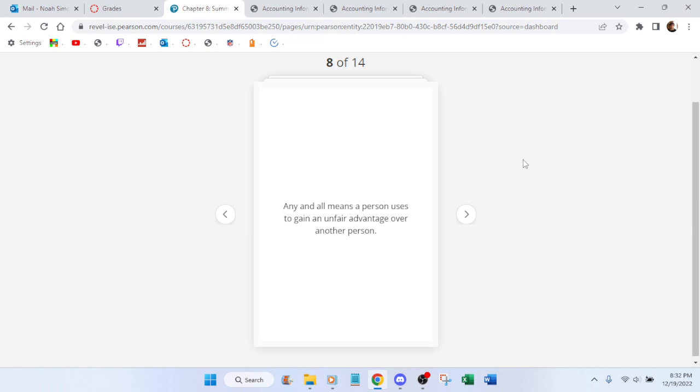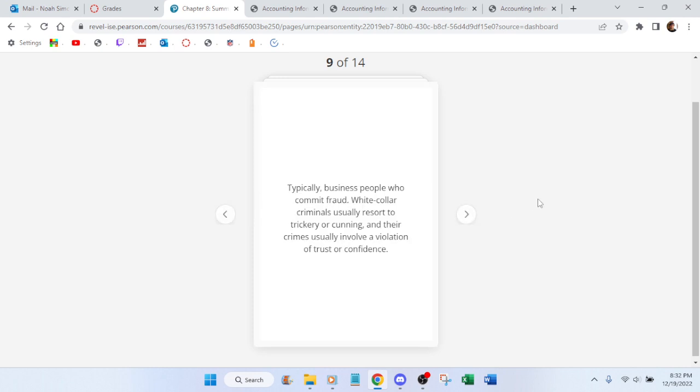Any and all means a person uses to gain an unfair advantage over another person. Fraud. Typically, business people who commit fraud, white-collar criminals, usually resort to trickery or cunning, and their crimes usually involve a violation of trust or confidence.